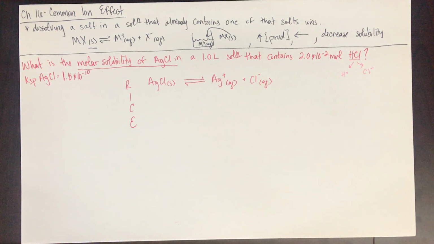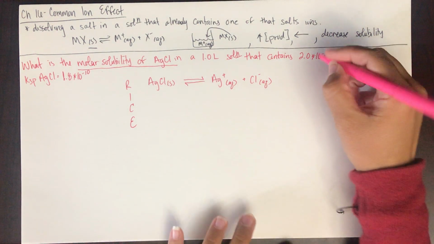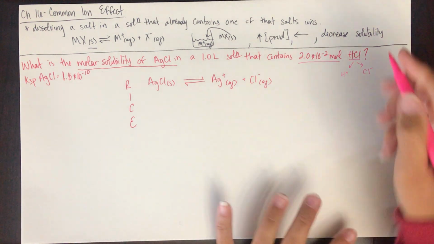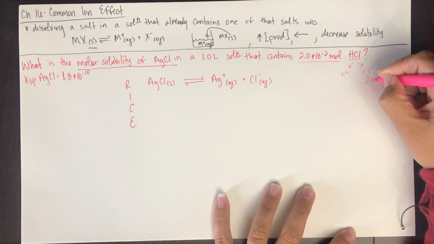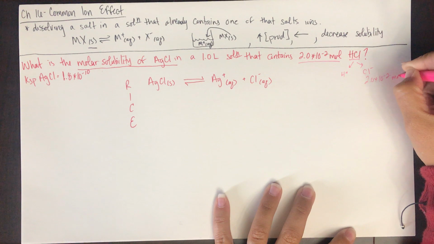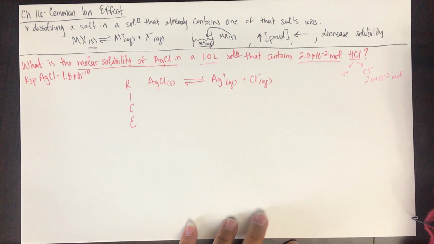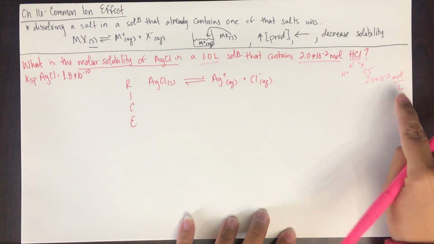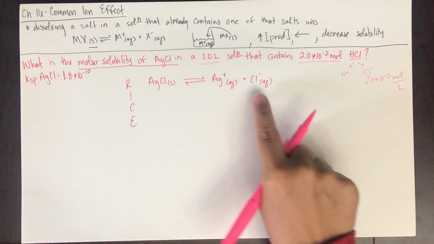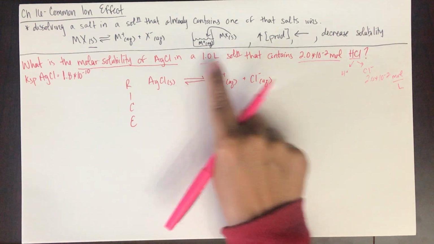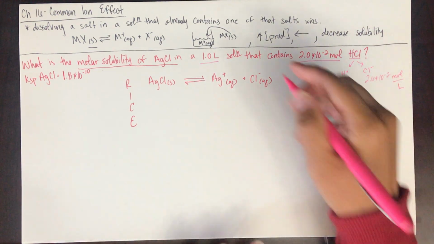This is a 1-to-1 ratio, meaning if I have 2.0 times 10 to the negative 2 moles of HCl, I also have 2.0 times 10 to the negative 2 moles of chloride ions. This is in a 1 liter solution, moles per liter.